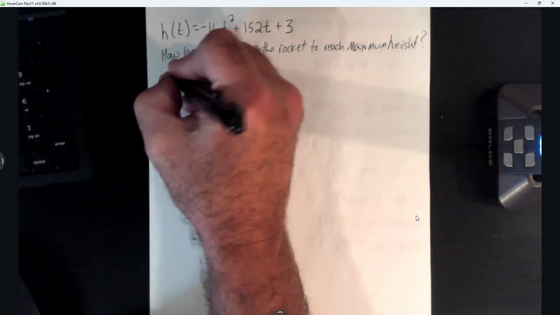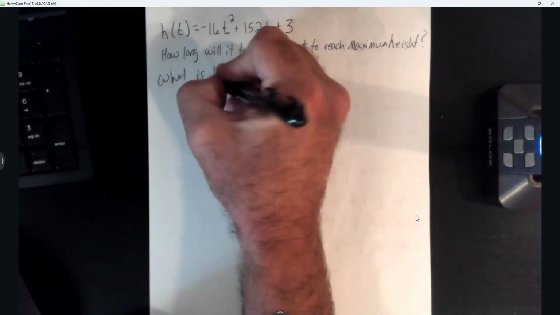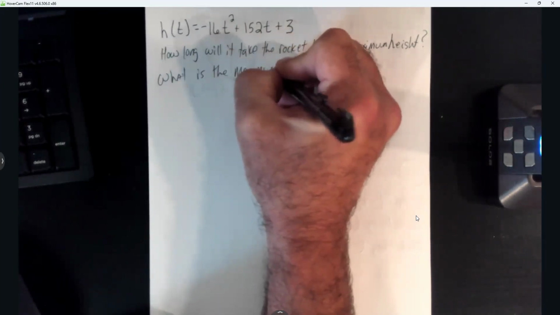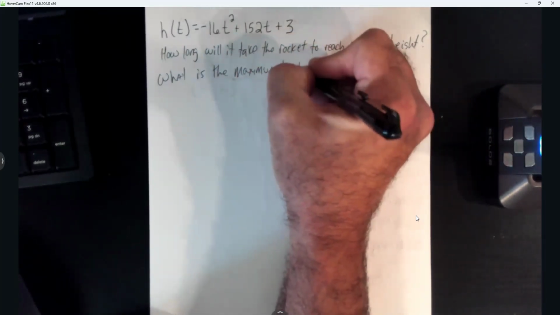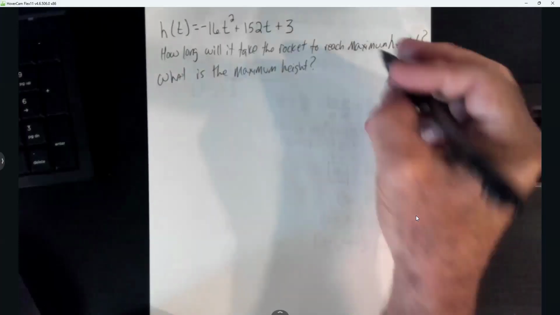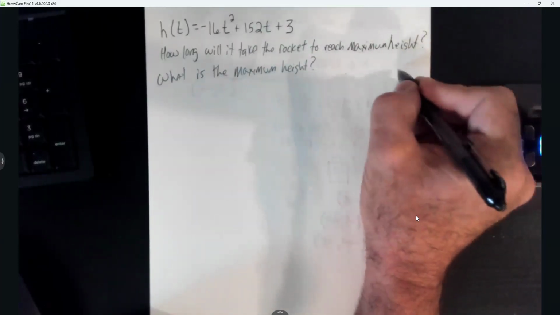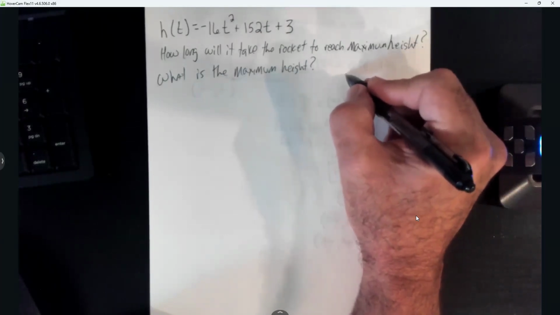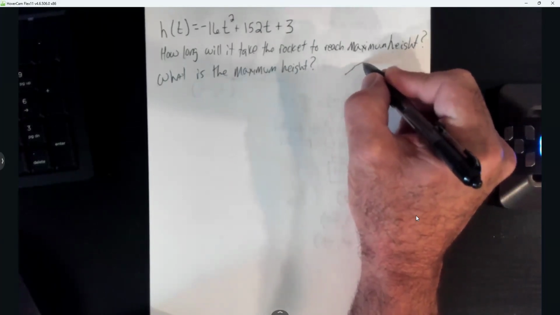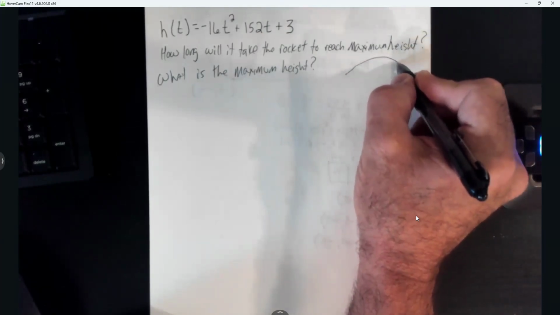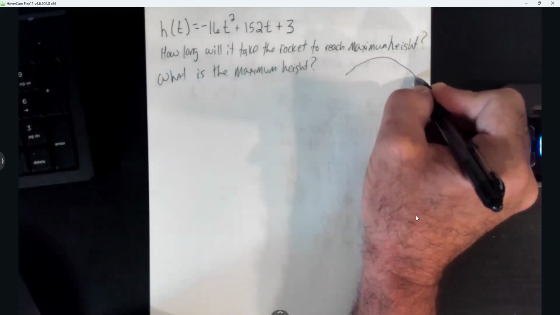And then what is the maximum height? Well, y'all, this is a little rocket. As time goes up, the little rocket's going to go up, up, up. It's going to reach a maximum point, and then it's going to start going back down.